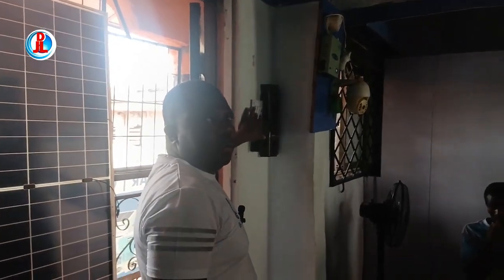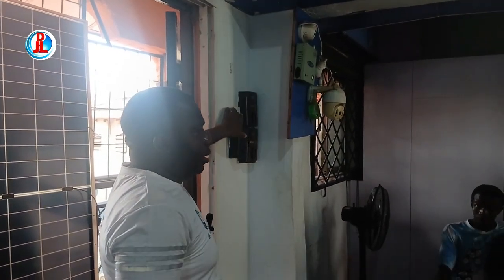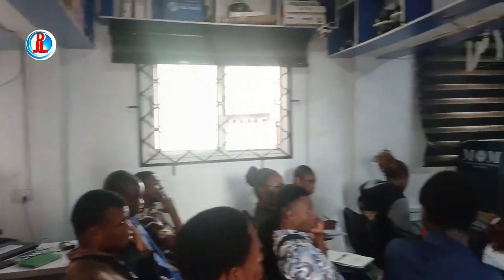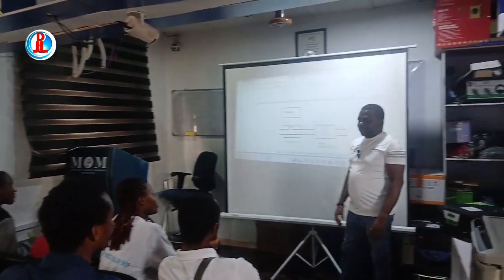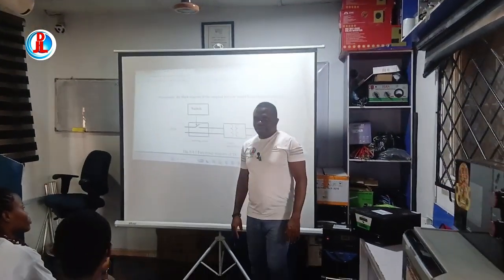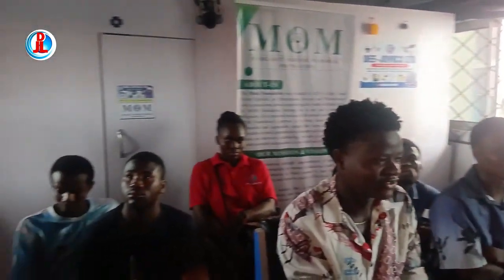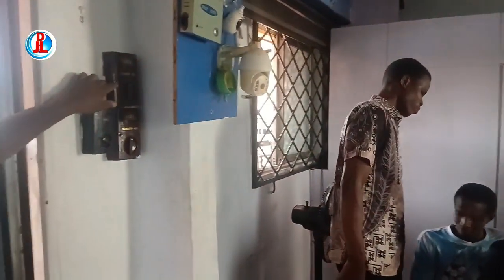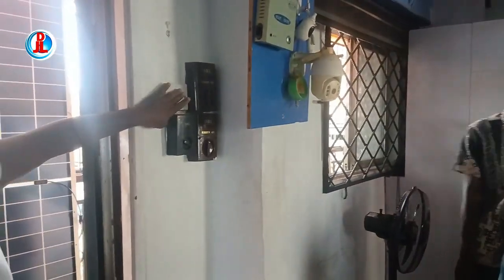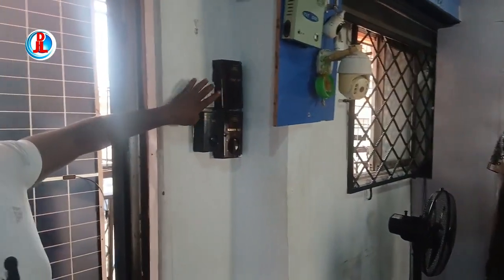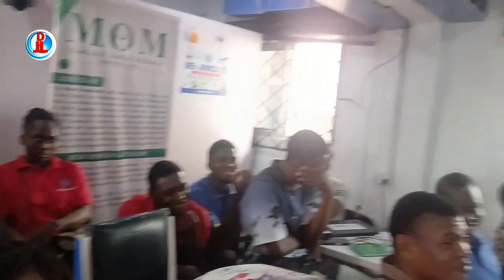Why did the light go off? I close it. Why did this light go off? The circuit has turned like this. Then when I press it, see now, electrical people, see now.